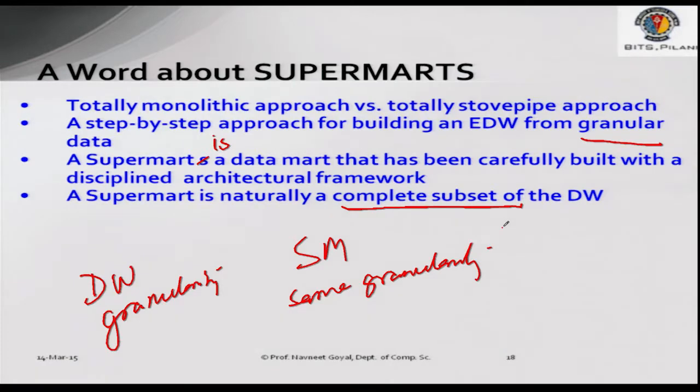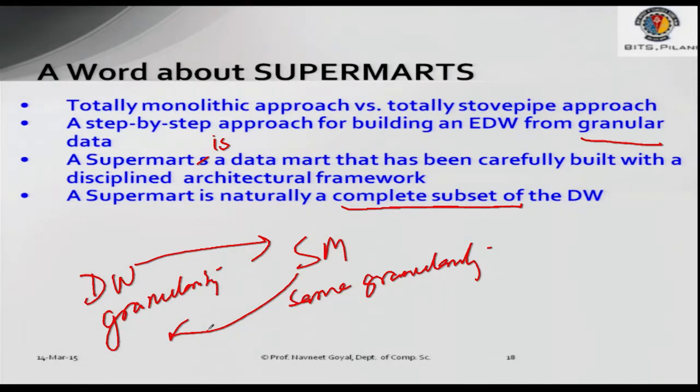Okay, so if I have all my supermarts at the same granularity as the data warehouse, then integration becomes easier. And once they have the same granularity, I can say that some data has been taken directly from the data warehouse and put in the supermarts, or taken from the supermarts and put in the data warehouse.